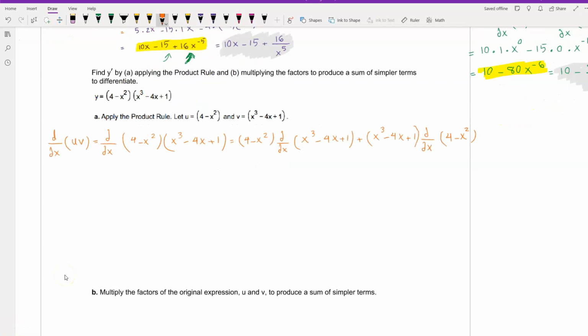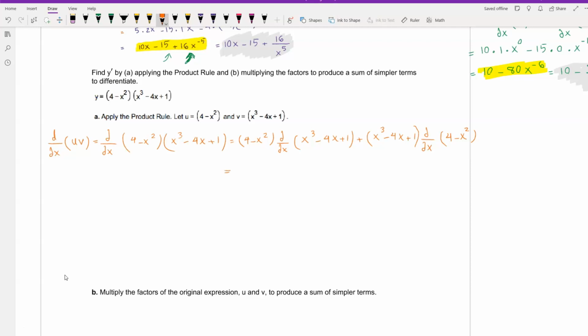So derivative of u times v with respect to x, or derivative of y with respect to x, that is equal to derivative of 4 minus x squared times x cubed minus 4x plus 1. So that is equal to 4 minus x squared times derivative of x cubed minus 4x plus 1 plus x cubed minus 4x plus 1 times derivative of u, which is 4 minus x squared.